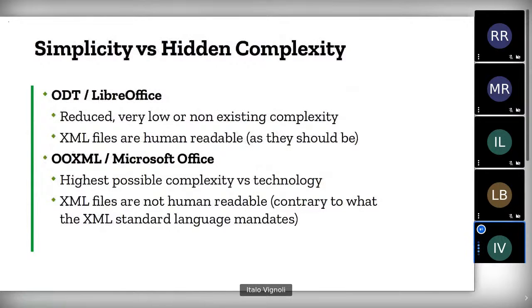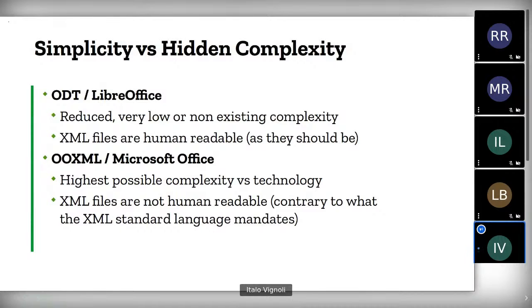And the reality is that in addition to these advantages, with ODF, and in particular if we look at text documents, ODT, the complexity of the file is basically close to zero.